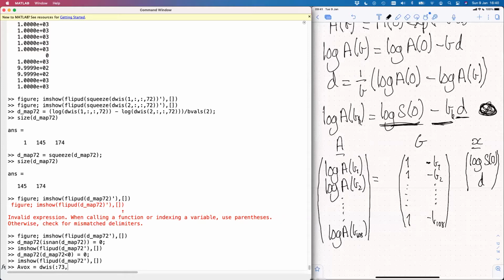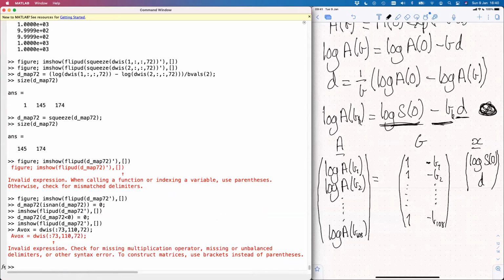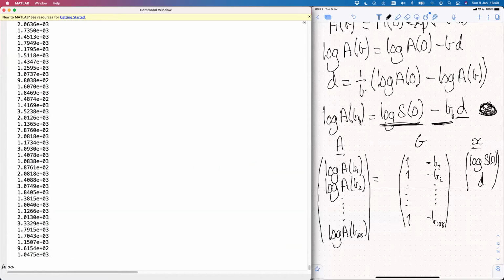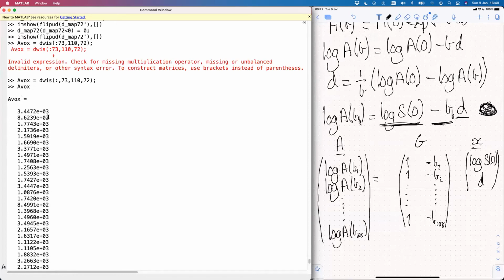We'll pick one somewhere in the middle. So there is a voxel, set of measurements. Oops, just a comma. Let's have a look at it. So there is the list of the 108 measurements from within that voxel.